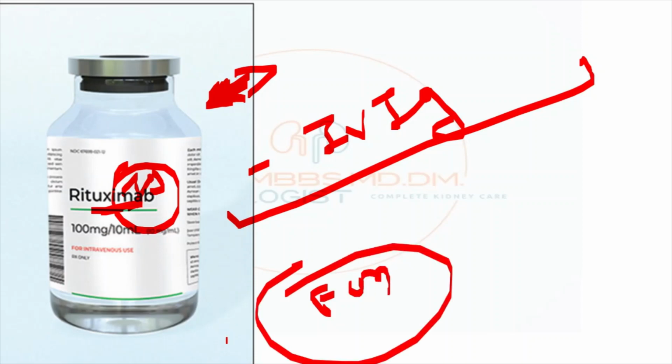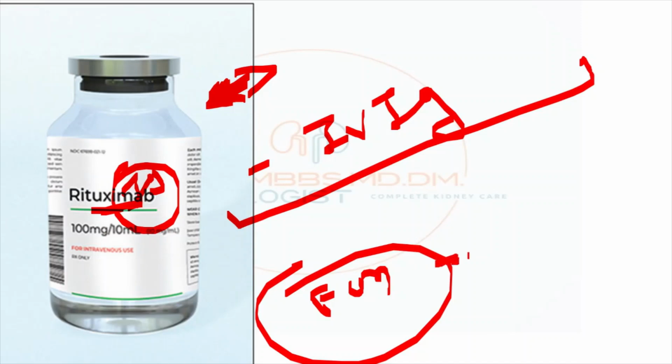Probably a DM resident seeing this video might encounter this. Your senior will tell you not to send the flow cross match after giving rituximab or IVIG. They will tell you to send the flow cross match before giving rituximab or IVIG because it will give false positive results. So this can give a false positive.